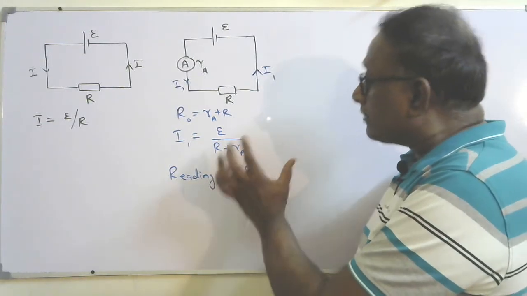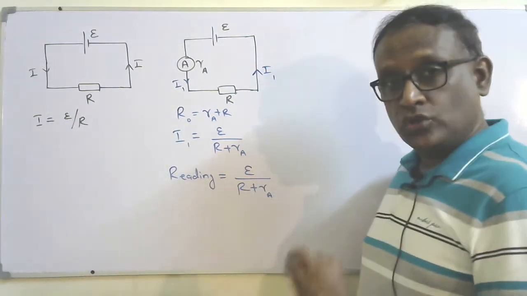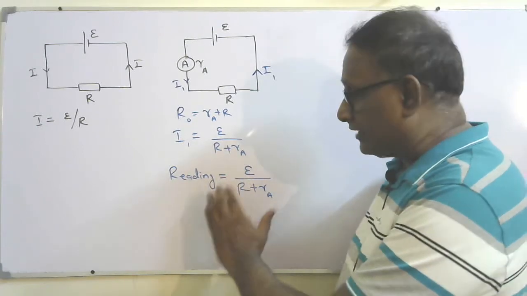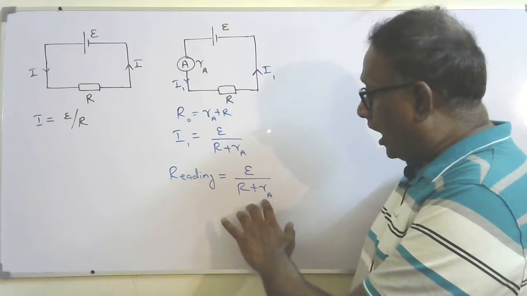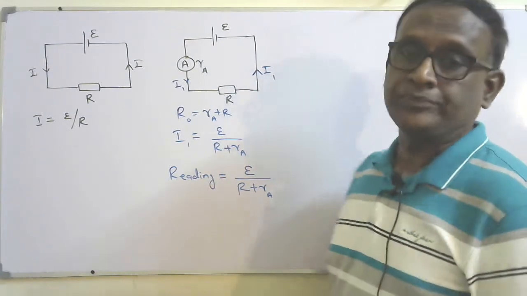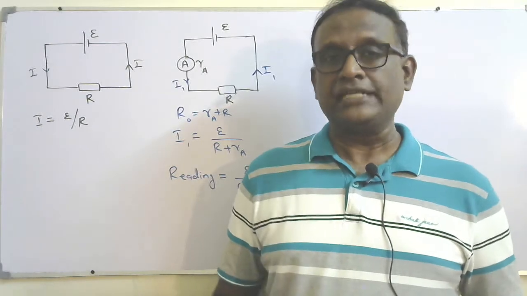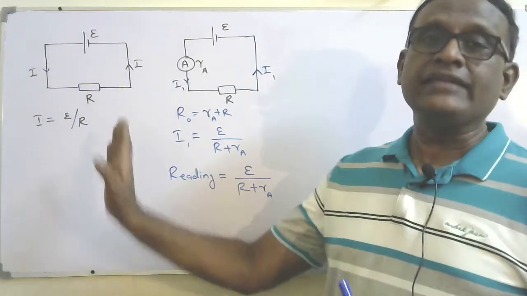So the reading of the ammeter will be lower than the actual current flow. If I want the reading to be very close to the actual current flow, RA must be lower. So the internal resistance of the ammeter should be much lower to have an accurate reading.